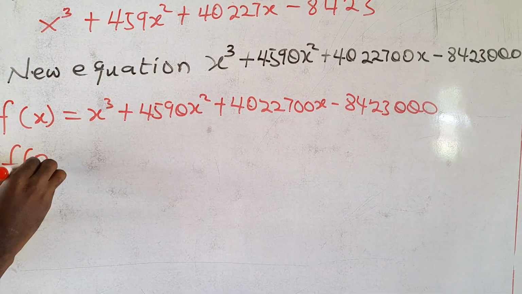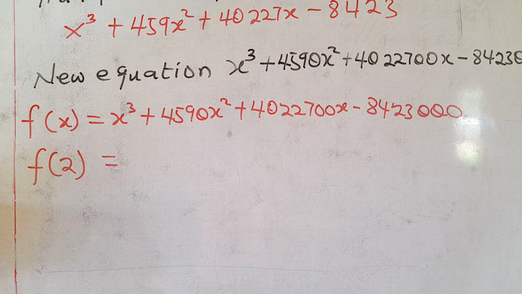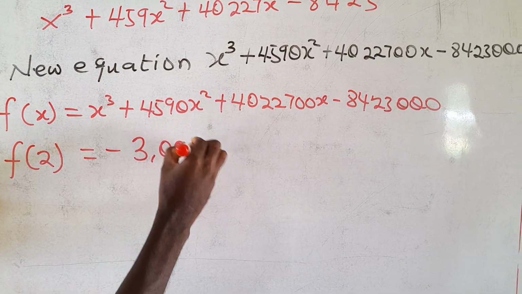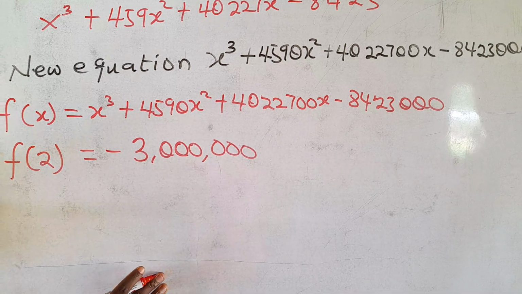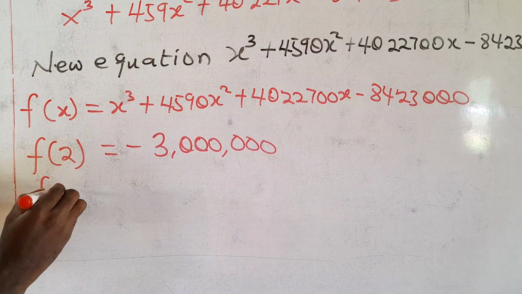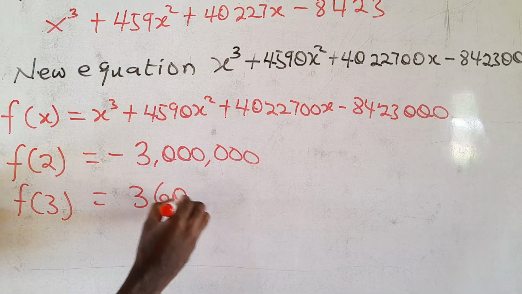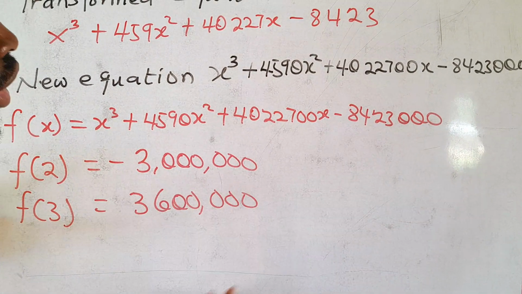Now we need to use the location theory to find the interval again. So we find f of 2. If we find f of 2 it will give us negative 3 million, and our f of 3 will give us 3,600,000. I hope you get that.